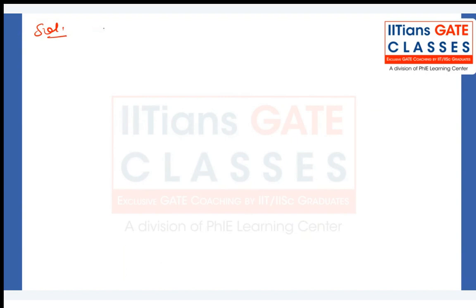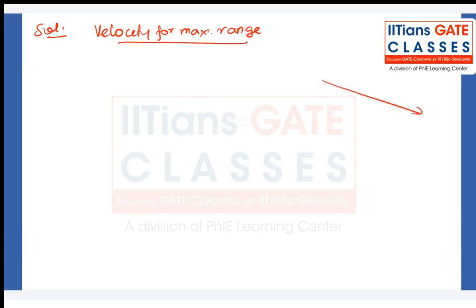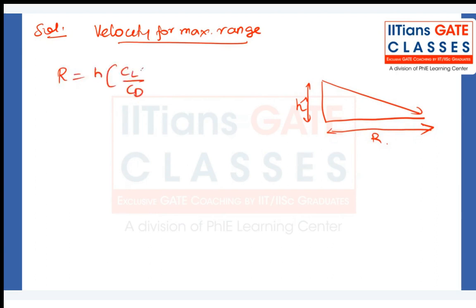So for maximum range, if you recall from the range formula, I have this expression: R is equal to H into CL by CD. So for the range to be maximum, CL by CD has to be maximum.